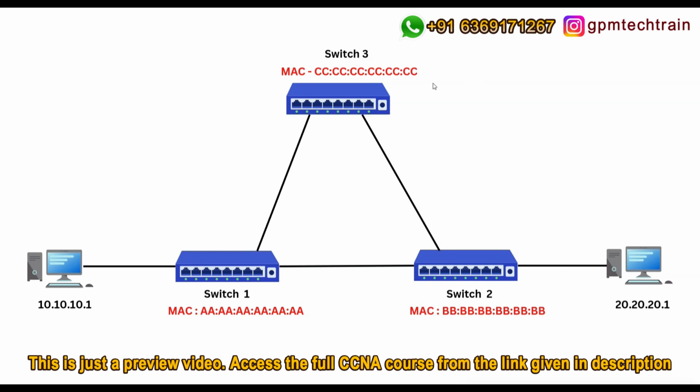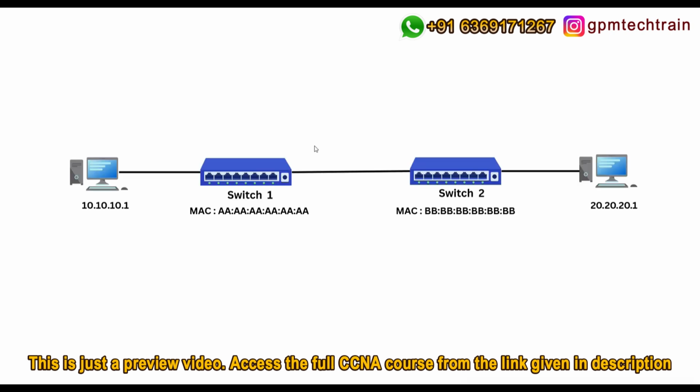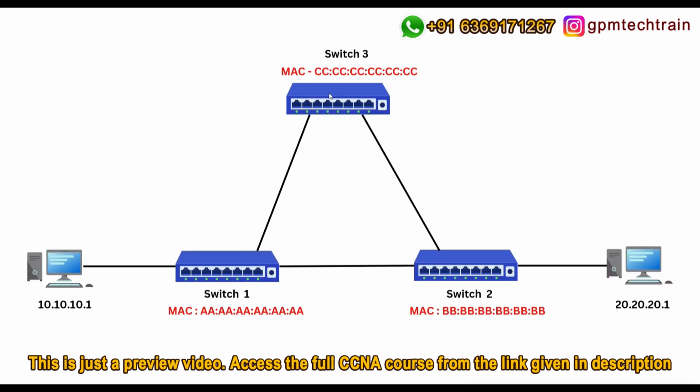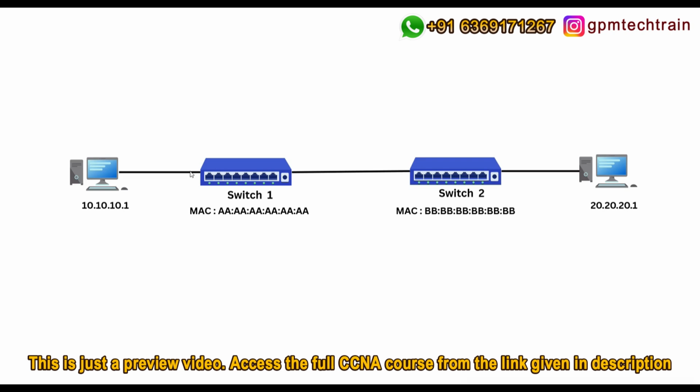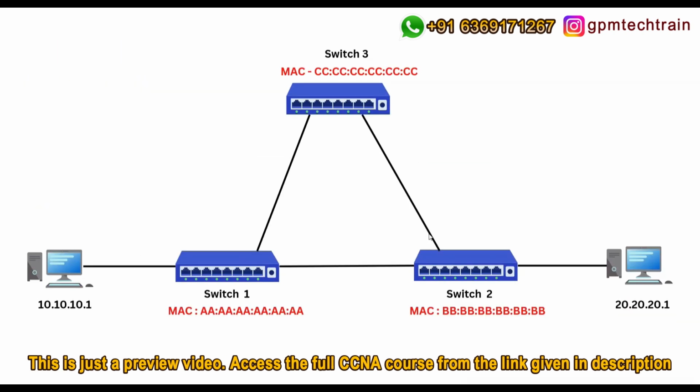In both cases the same problem happens. However, it's very easy to understand if we extend the topology like this. Just consider that you have this kind of topology, and to avoid a link failure, which would otherwise take down the entire LAN, you put an additional switch here, and it is connected like this.